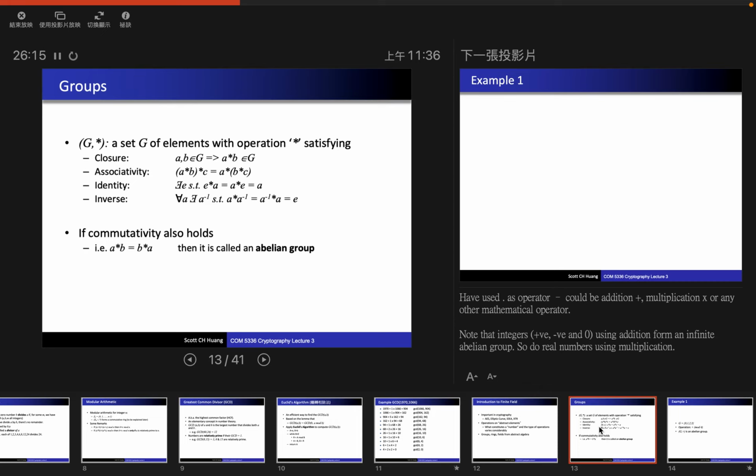Okay. And then we can generalize this to any other mathematical operations, even though those operations may not be describable. Maybe you just give me a table or something like that. That is okay. It can be completely abstract. And then we call this the additive identity, because it is similar to 0, we use the symbol 0 to represent the additive identity.